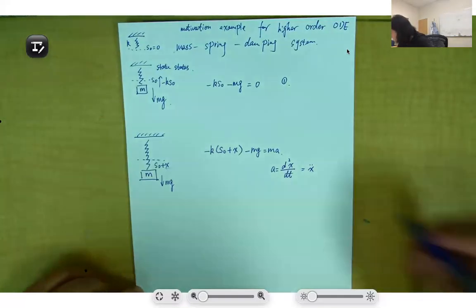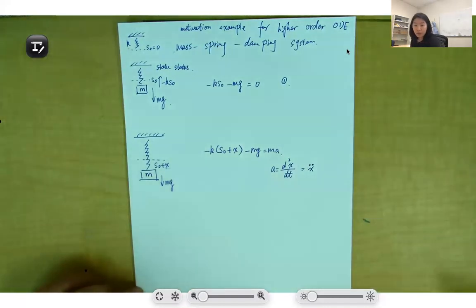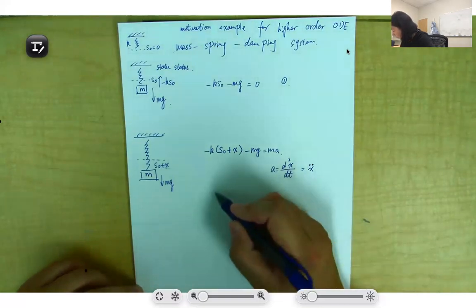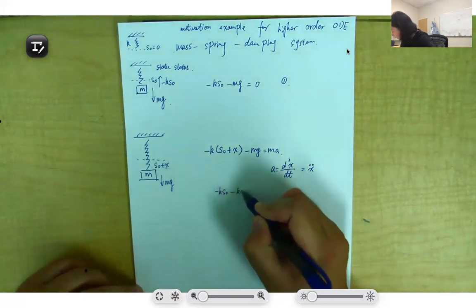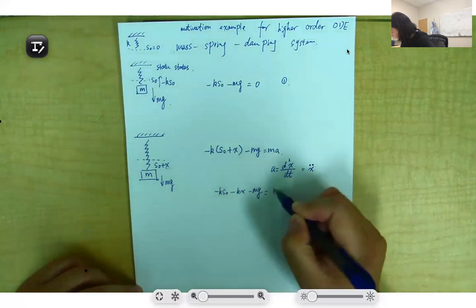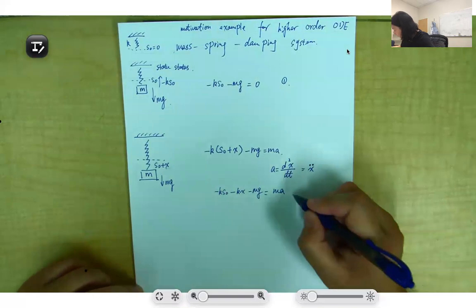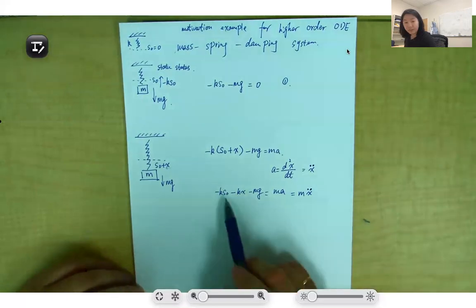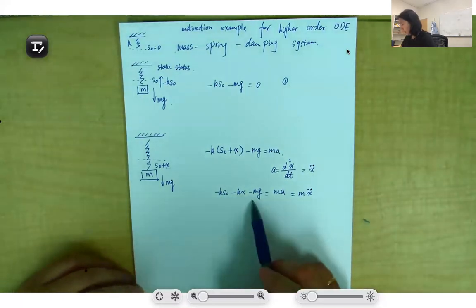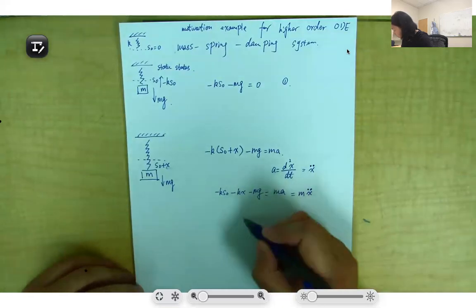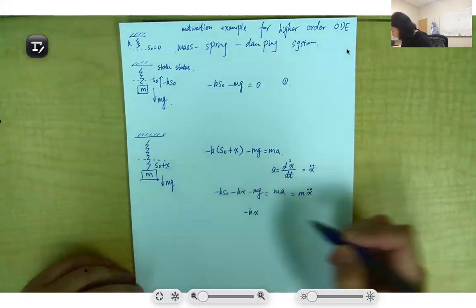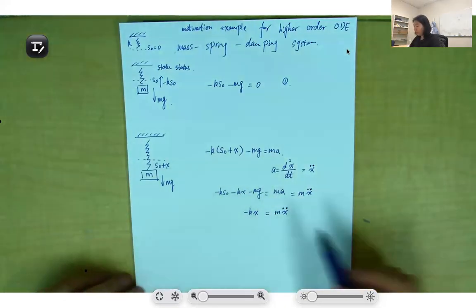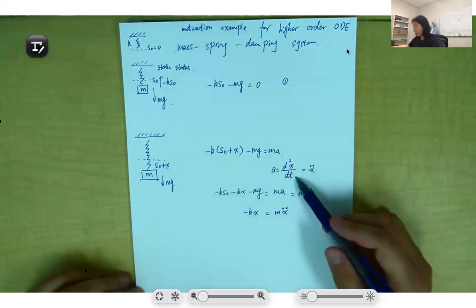Then you can rewrite this form as minus k s0 minus kx minus mg equals ma, and that a is x double dot. And you know minus k s0 minus mg equals 0. Then you get the final equation: minus kx equals m x double dot.